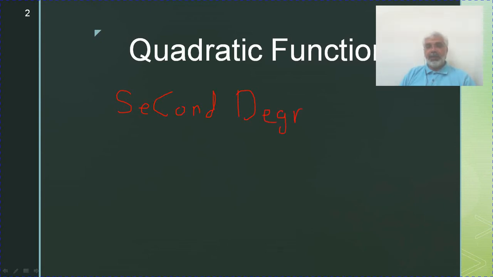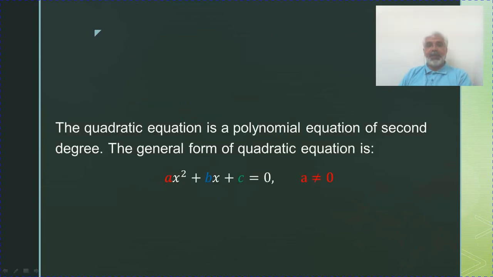Because simply the highest degree of x is 2. So either we call it quadratic functions or second degree function or second degree equation. We are talking about a function which has x to the power 2.